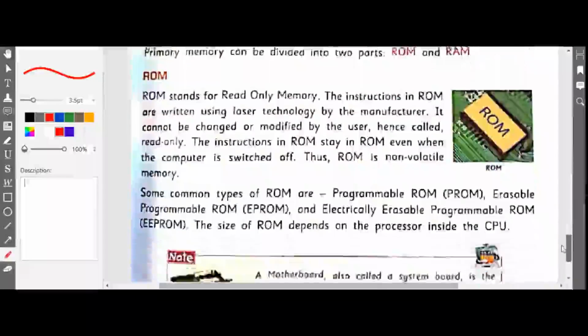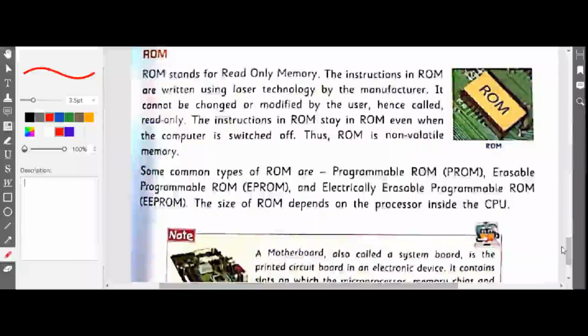Next, we come to the ROM. ROM stands for read only memory. It stores the data which is required to boot the computer system.